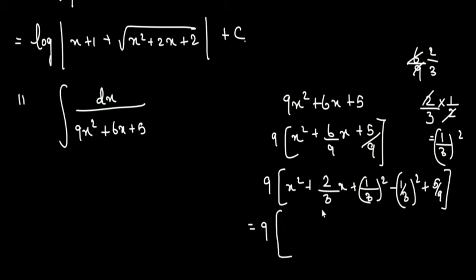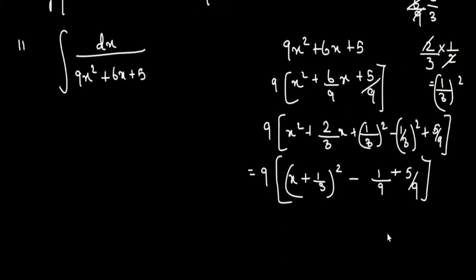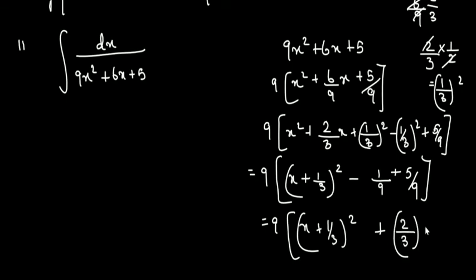These three terms will become a perfect square, that is x plus 1 by 3 the whole square, minus 1 by 9 plus 5 by 9, which is equal to 4 by 9. So that is x plus 1 by 3 the whole square plus 4 by 9, and you can write 4 by 9 as 2 by 3 the whole square.